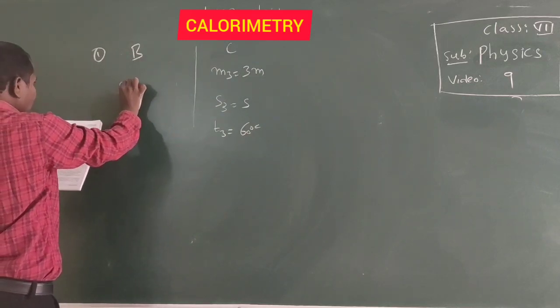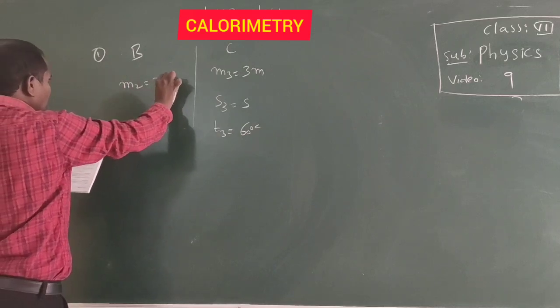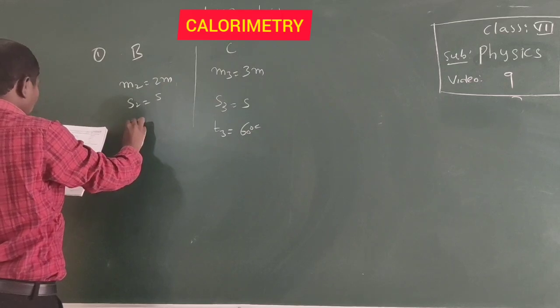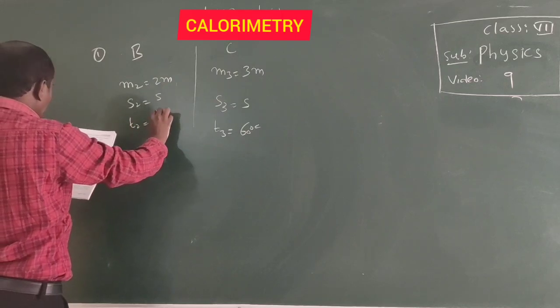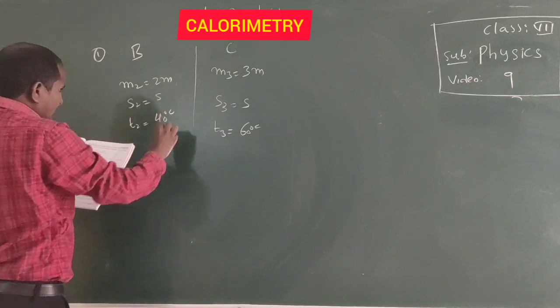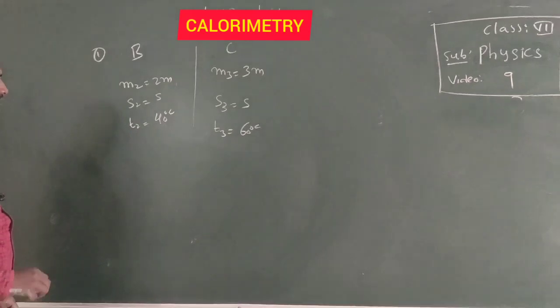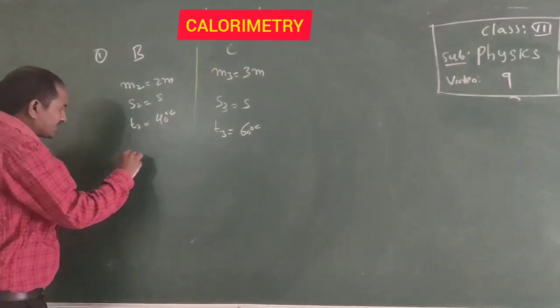B has mass M2 equal to 2M, S2 equal to S, and T2 equal to 40 degrees Celsius. These two are mixed together. Then find the resultant temperature.